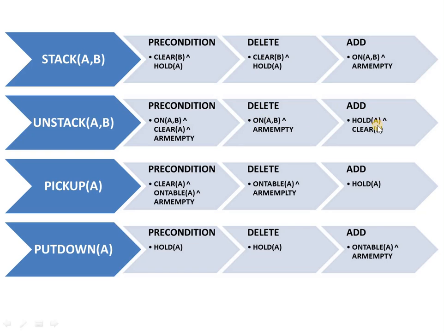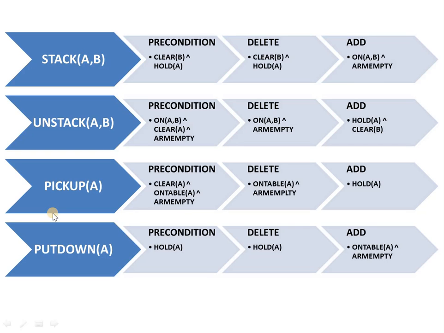After the execution, when the arm is holding it, arm empty will go wrong, obviously. When the arm is holding A, A will not be on top of B, so that also goes wrong. Clear A will not go wrong because A is in the hands of the robot arm and there is no other block on top of A. That's why we do not have to write clear A here. Likewise, for pick up and put down, we can do this.